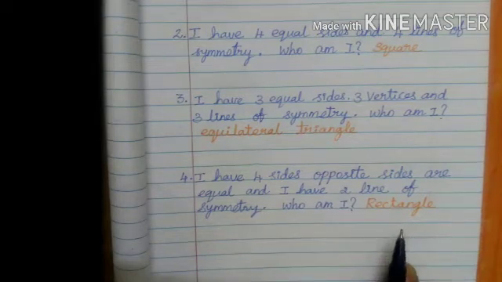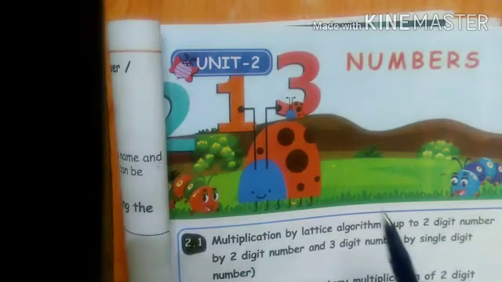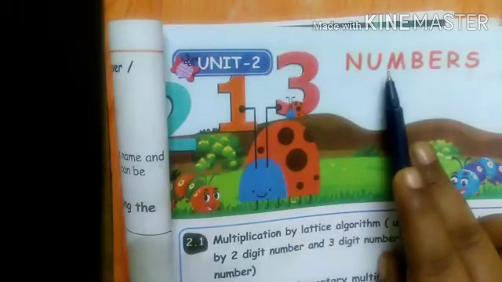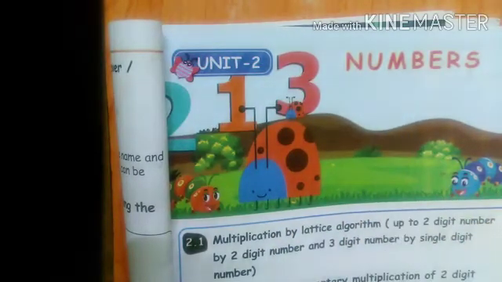Okay children, you understand the first unit. Shall I move now? Second unit is numbers. Here given for unit 2 is numbers. In the first term you studied number names, expanded form, place value, short form, addition, subtraction.